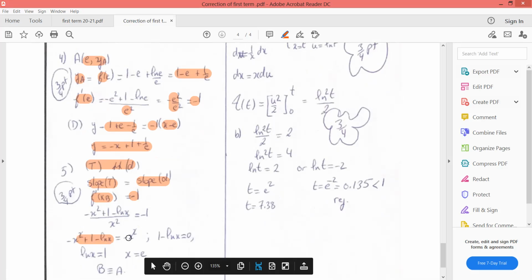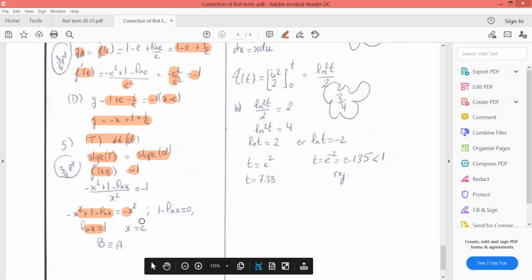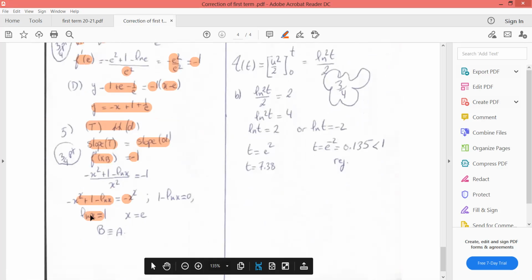X squared times minus 1 is minus x squared. Minus x squared cancels, so 1 minus ln x equals 0. Ln x equals 1. To remove ln, I can add e to the exponent, so x equals e. So here also we have a equals e, so B is the same point as A.